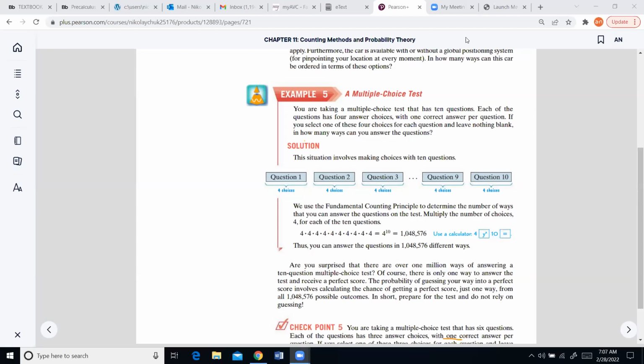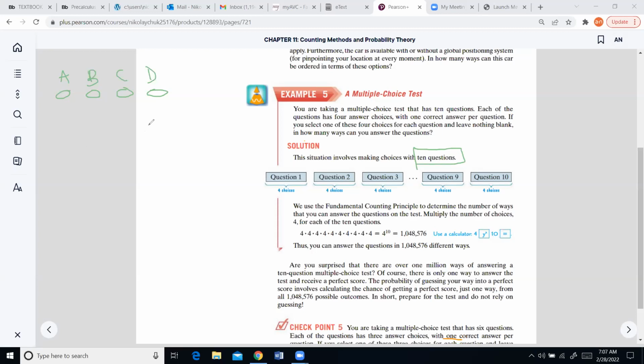Remember, when you do this type of test, they tell you to select either A or B or C or D. Well, sometimes there's also choice E, but looks like for this exercise, you have to select only one of these choices. And they say there are also a total of 10 questions that you have to answer in this particular exam.